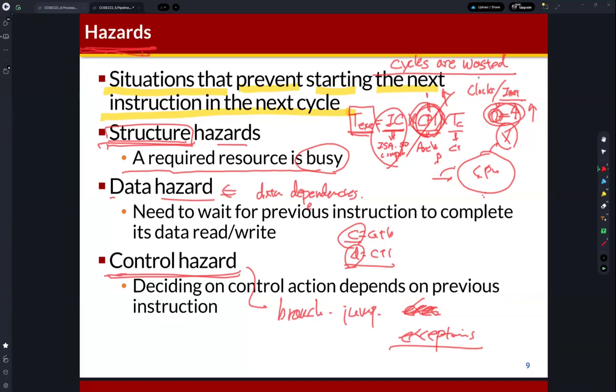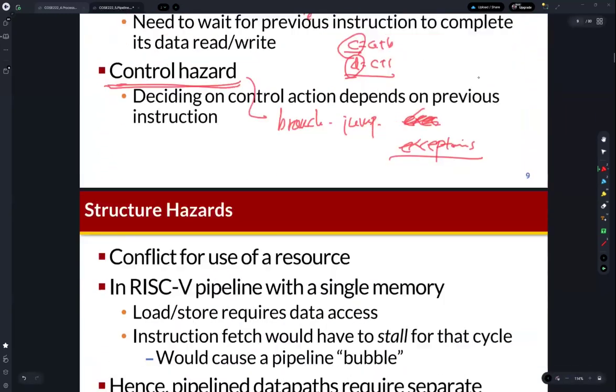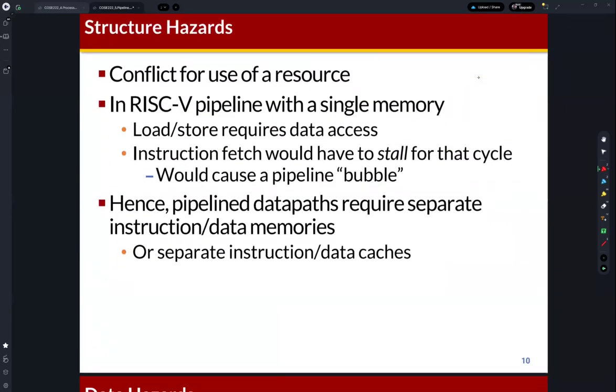So in a CPU, clock cycles can be wasted because of the lack of hardware resources, which is a structure hazard; because of data dependencies, which is a data hazard; and because of control instructions, which is a control hazard. Let's see the detailed situation. As I mentioned, structure hazards are caused by conflict for use of resources.